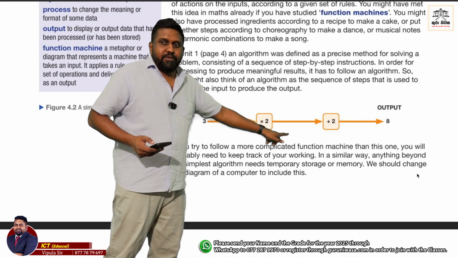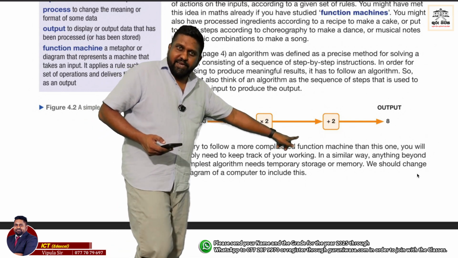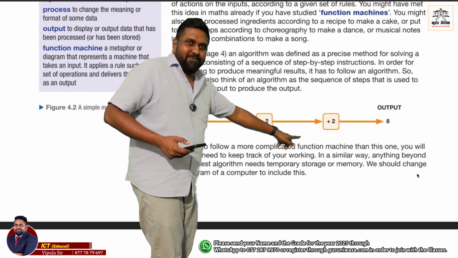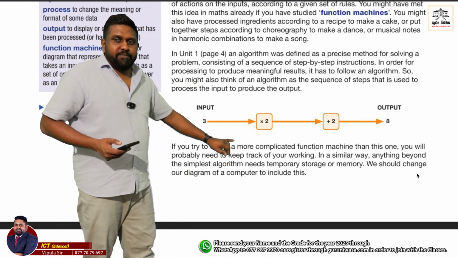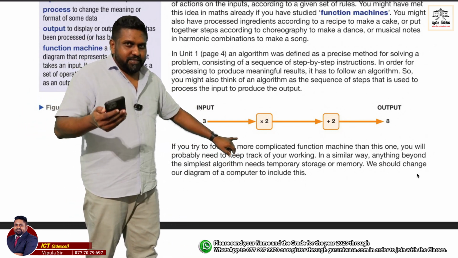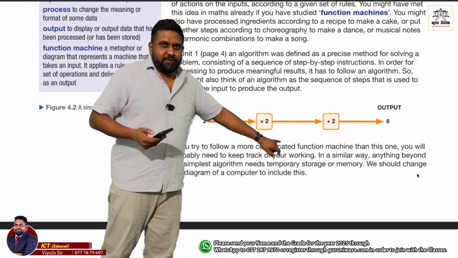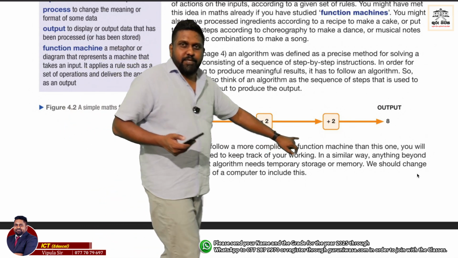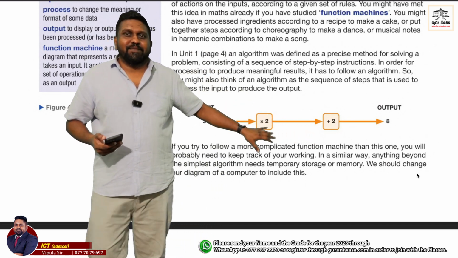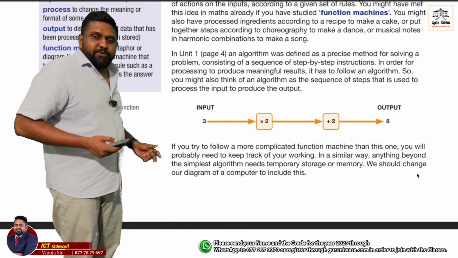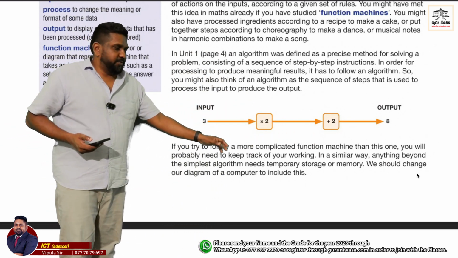And what is this one? We add another 2, right? So we had 3 multiplied by 2. What is the answer? 6. And 6 plus 2, the output is 8. That's how this entire process works. So this is the processing part.